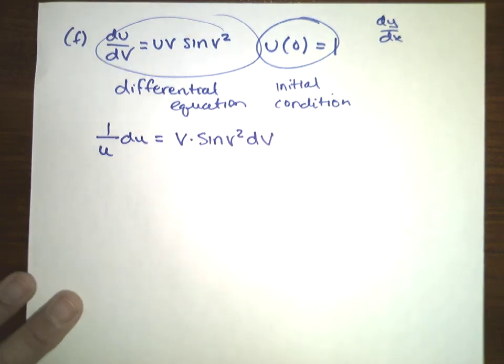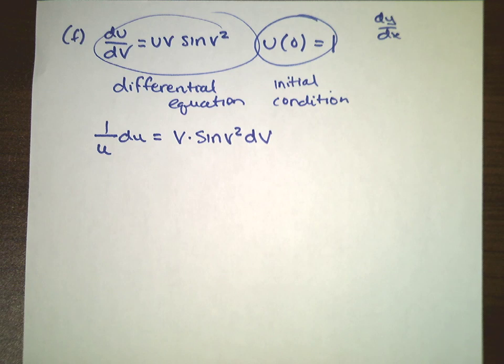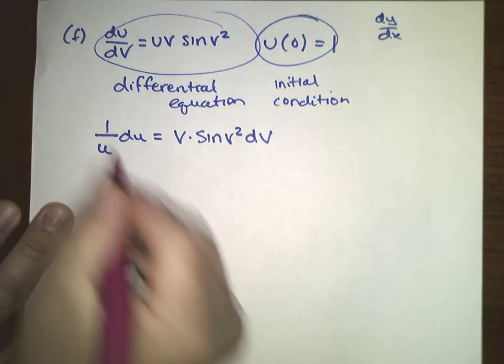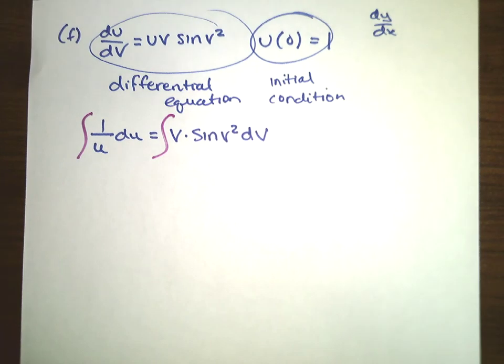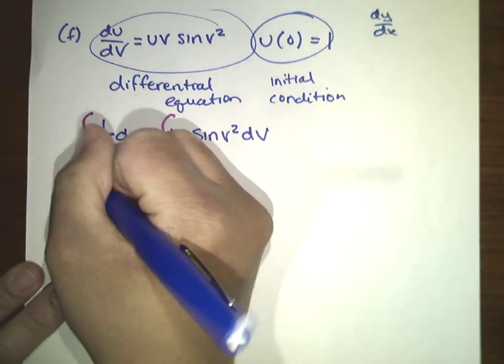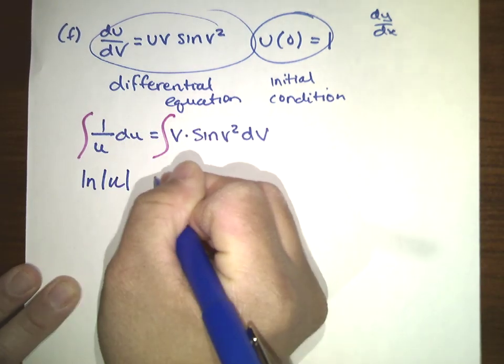So now I've separated the equation so that the U's are on one side and the V's are on the other. And then I can go ahead and take the integral on each side. So the integral of 1 over u du, that's one that we talked about before. That's the natural log of the absolute value of u.